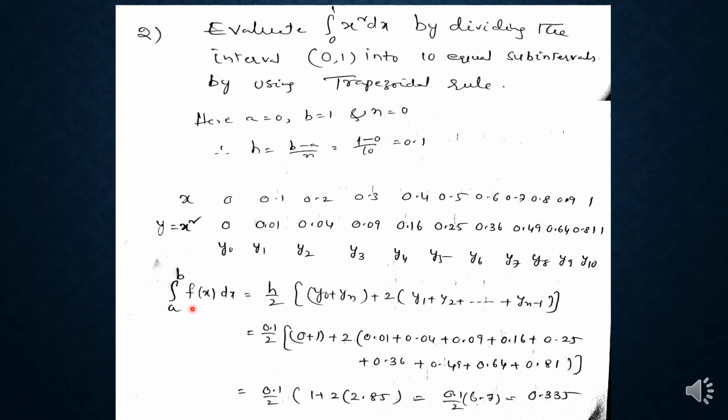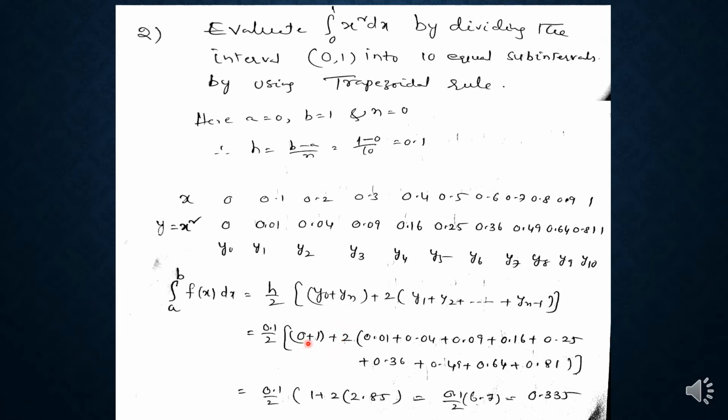So what is the trapezoidal rule here? Integral a to b f of x dx is equal to h by 2 into y0 plus yn plus 2 into y1 plus y2 plus and so on plus yn minus 1. So here h is equal to 0.1 by 2 into y0 is equal to 0 plus yn is equal to 1.